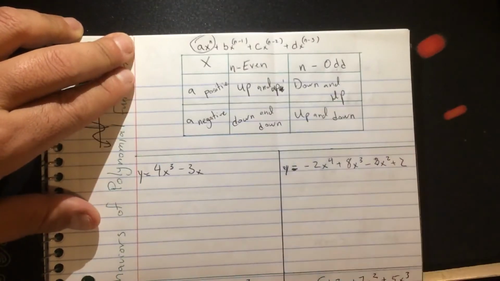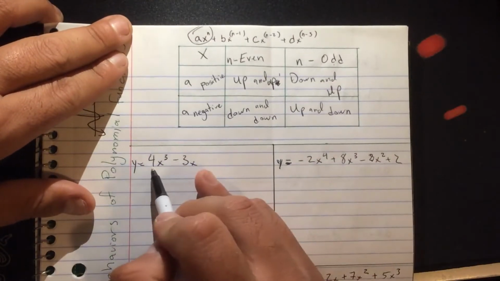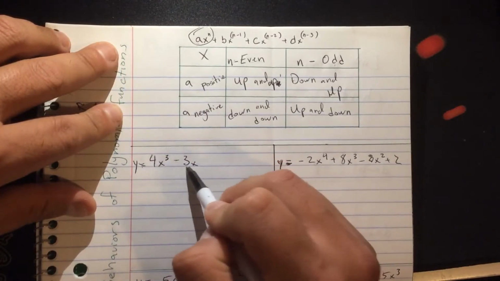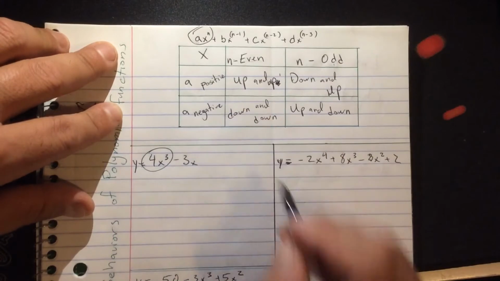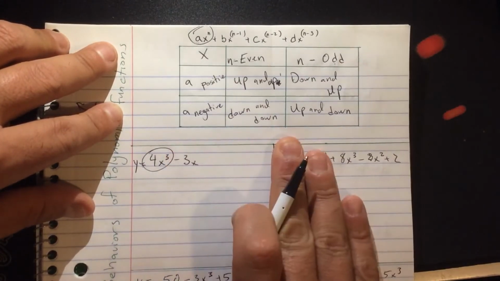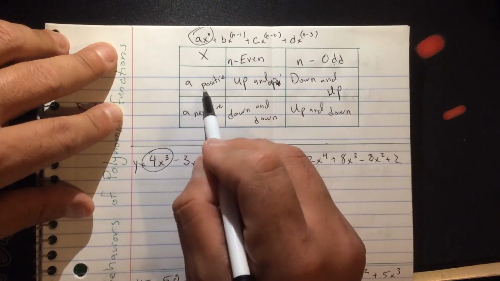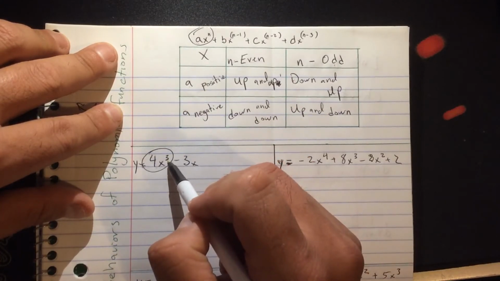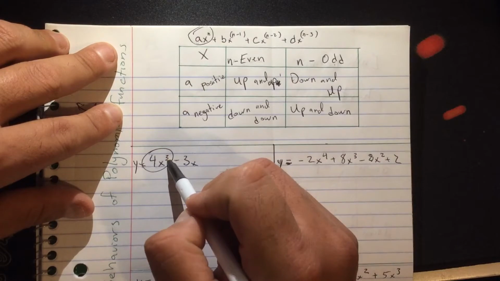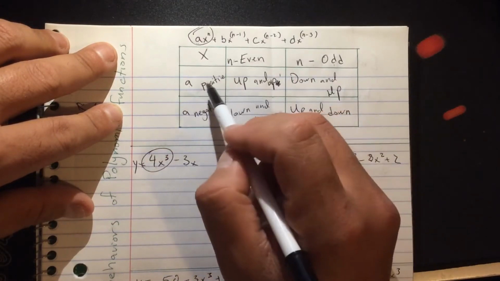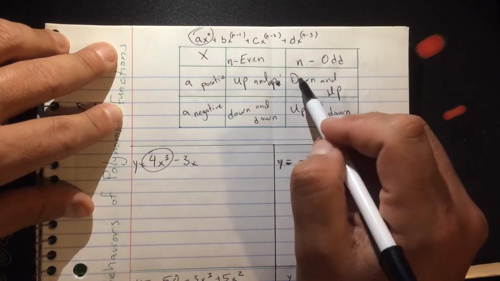For example, if we go to the first one here, we have y is equal to 4x cubed minus 3x. All we really need to worry about is this number here. We don't have to look at anything past that at all. We can see that our a is positive and our n is odd, so it's going to be on this side. Positive odd would give us this here, which is down, up.